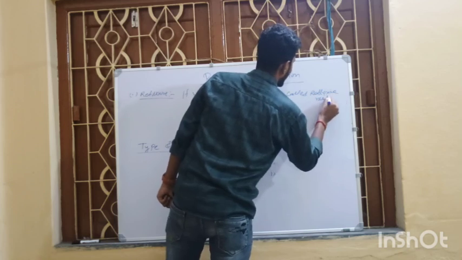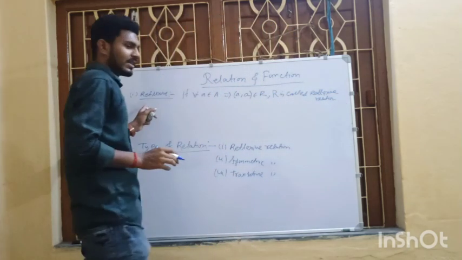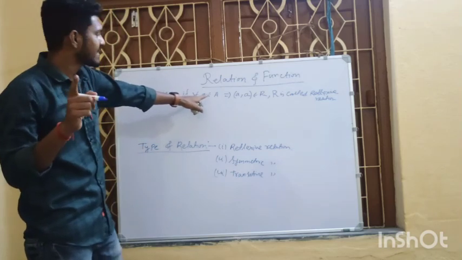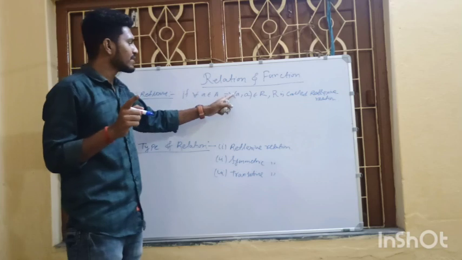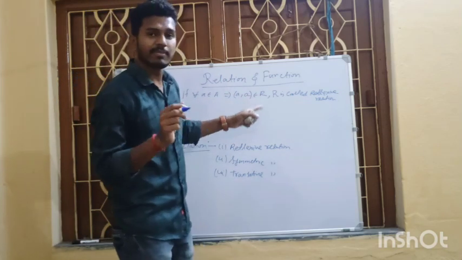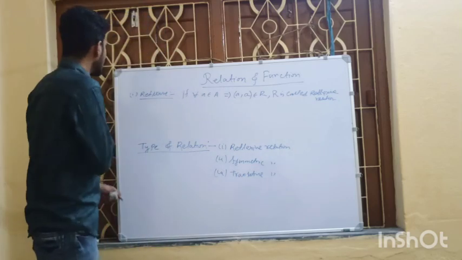Okay? So actually what is reflexive relation? If this element a belongs to capital A, that is a set, then this implies this ordered pair (a, a) always belongs to R. This R is called reflexive relation. And then our next topic is symmetric relation.